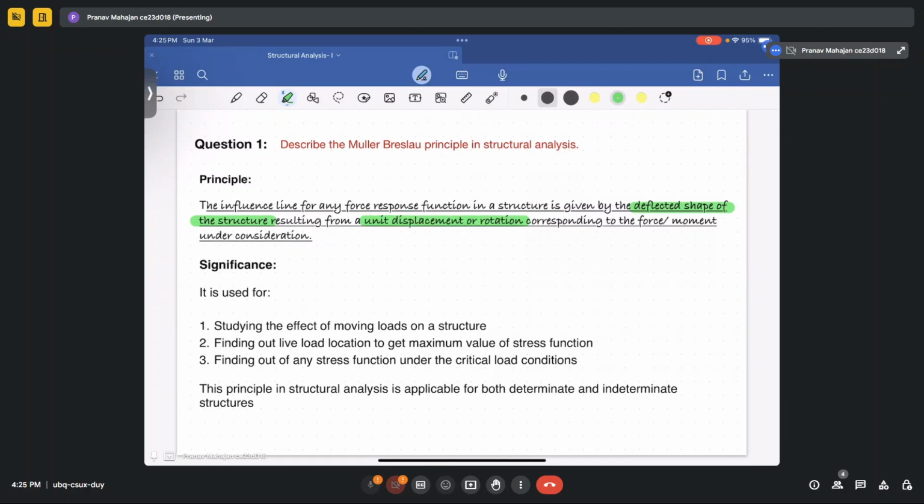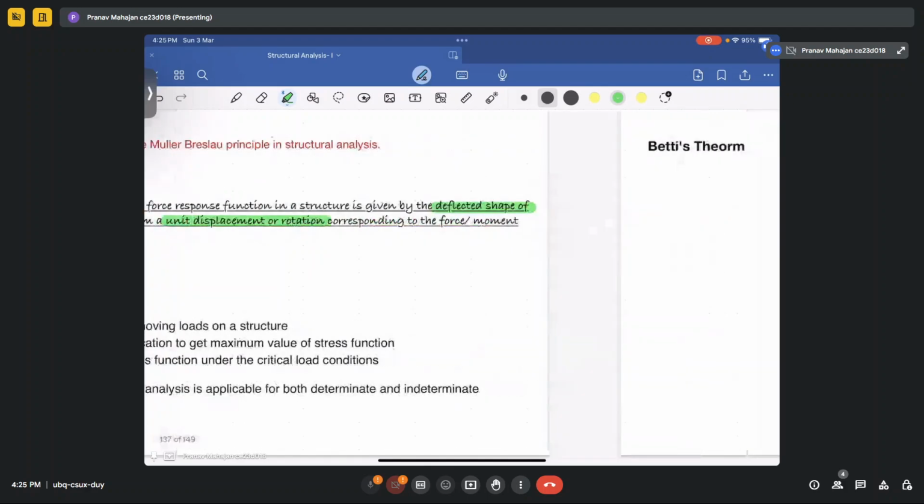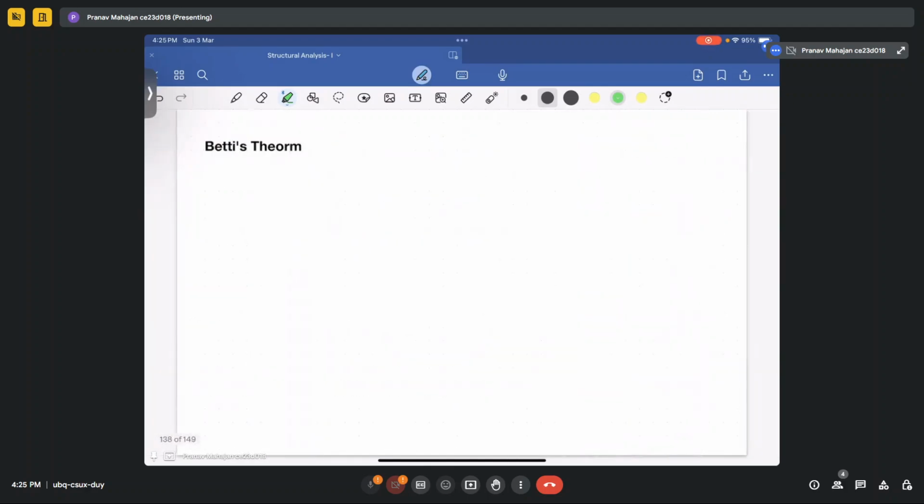Okay. So what is the main significance here? Suppose you have any beam. Let me draw a beam. So this is your simply supported beam. If you want to calculate the ILD for a support B, what will you do?